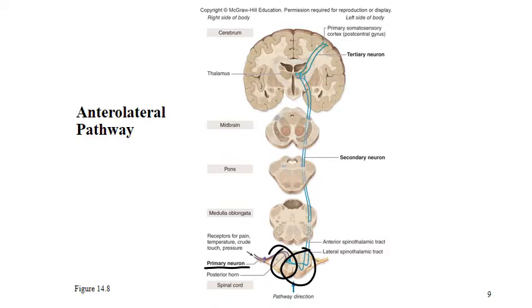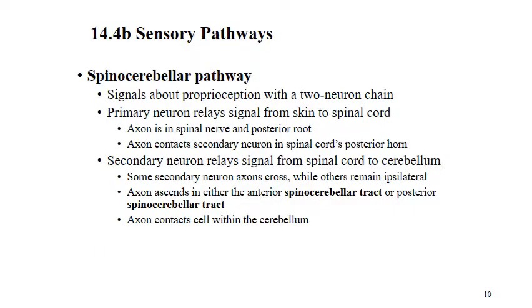It's going to bring that information to a secondary neuron that's still there in the anterior area, and it's going to move up through that anterolateral pathway, more towards the front on the lateral side, and continue all the way up until it hits the thalamus. And that's where it's going to connect with that tertiary neuron, which again is going to bring information to the primary somatosensory cortex.